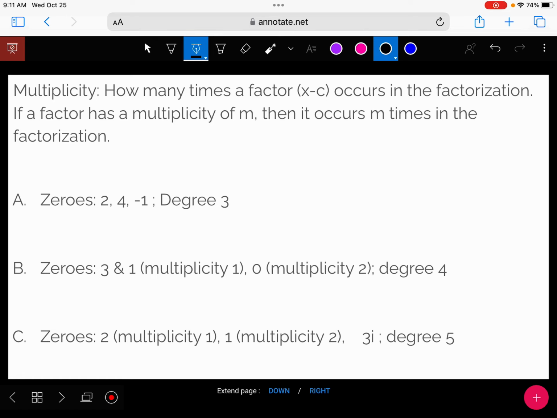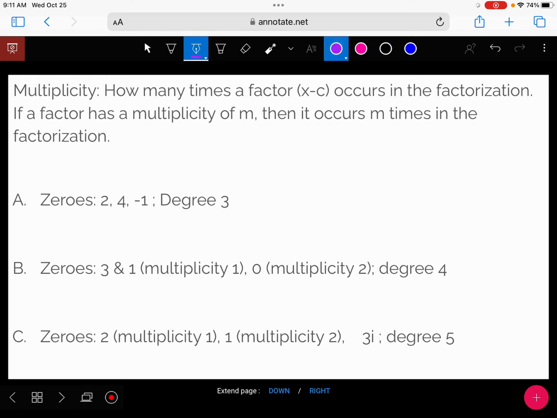So we're going to write an equation for a polynomial that has zeros at 2, 4, and -1. It's going to be a degree 3, because there are 3 zeros, which means if we were to multiply it out, we'd wind up with an x cubed.